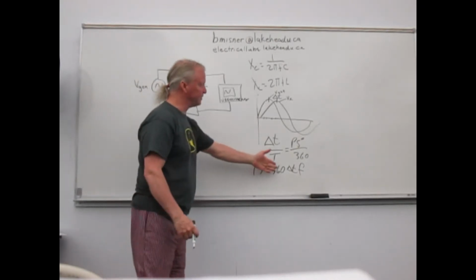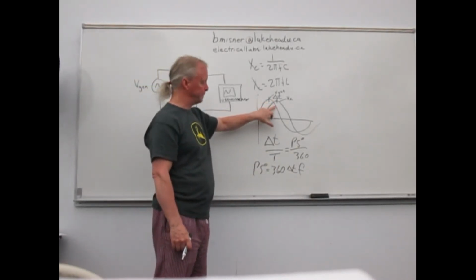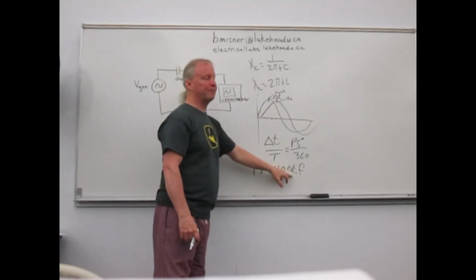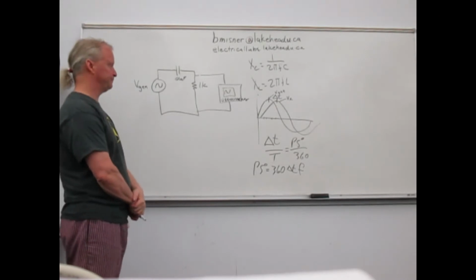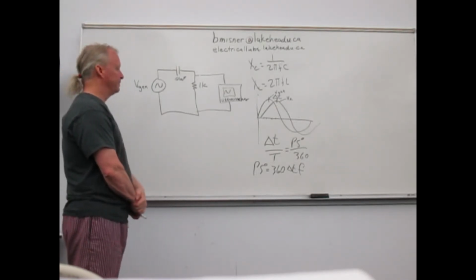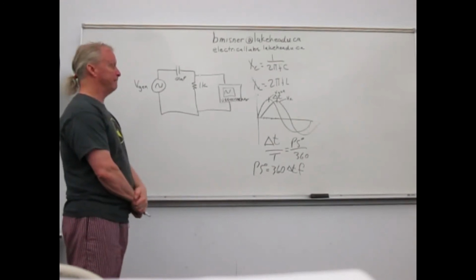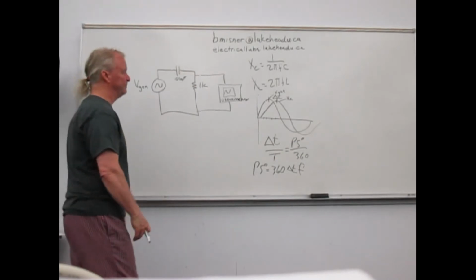So there's our equation to calculate this. So what we have to do is just measure this delta t, and then we figure out what our phase shift is. Okay? So that's the first part of the lab.